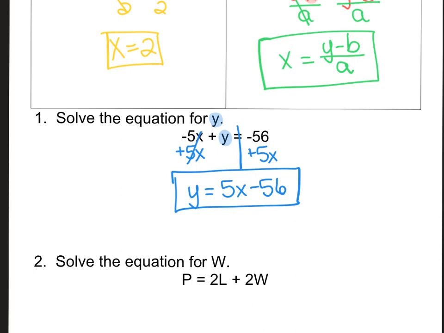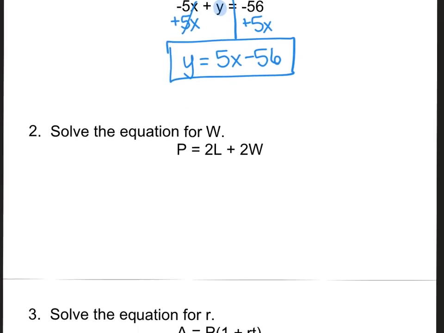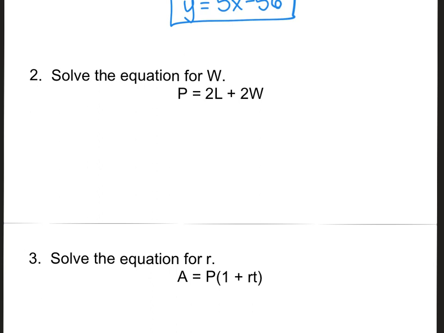Okay, so let's try another one. This time it says we want to solve for w. So here's w. We got to think about our steps. The first step would be to get the 2L away from that, and we would do that by subtracting 2L from both sides.